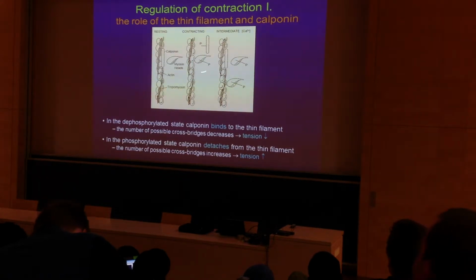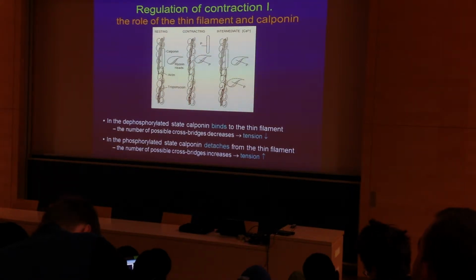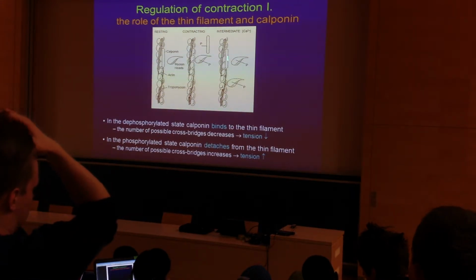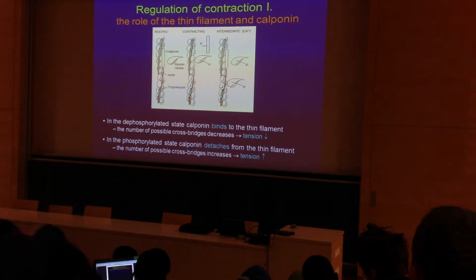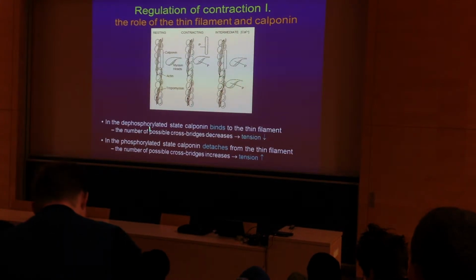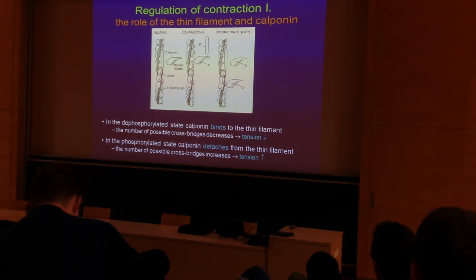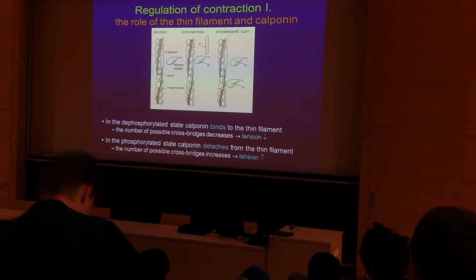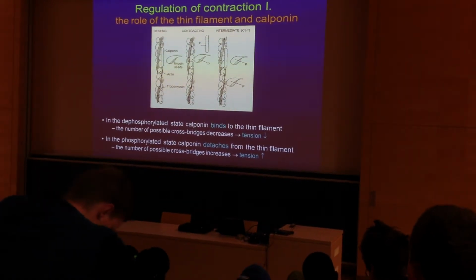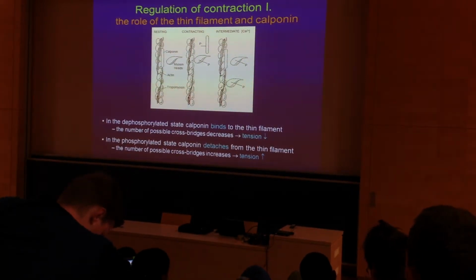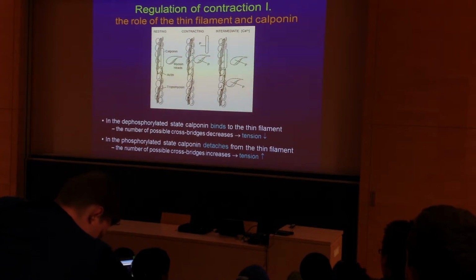Of course, the myosin head needs to be phosphorylated in order to bind, but that we have already discussed. So the number of possible cross bridges that are formed depends on the phosphorylation state of calcitonin. Therefore, the number of calcitonin molecules being bound to the thin filament regulates the number of possible cross bridges that can occur under that particular state.